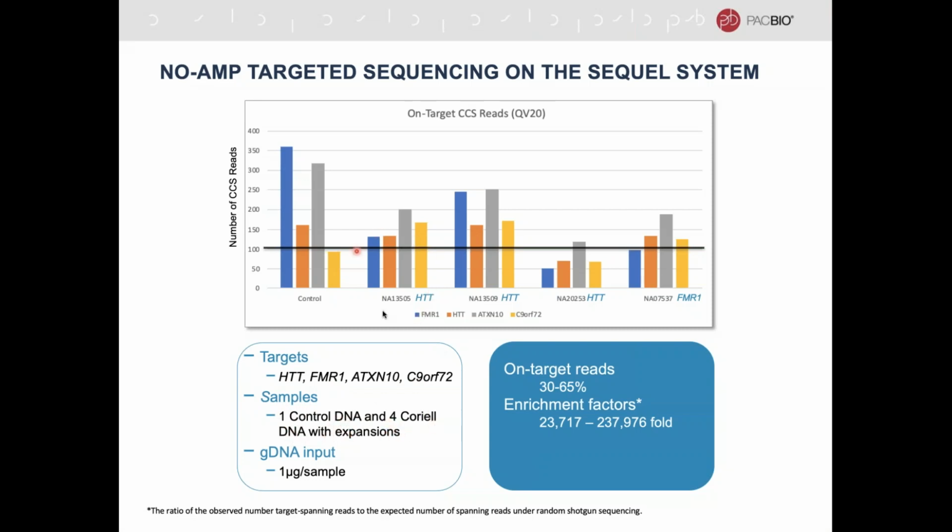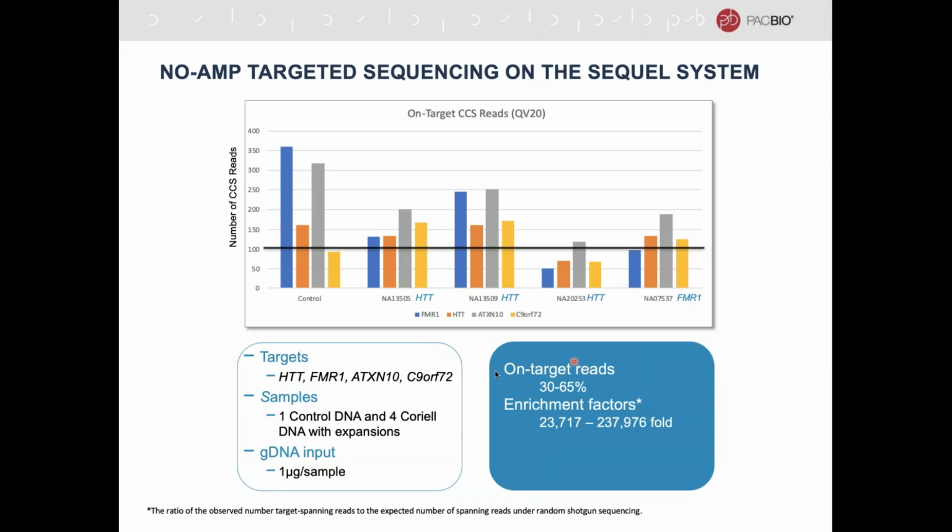So you had 3 samples with HTT expansions, all of different size range, and then we had 1 with an FMR1 expansion that was quite large. We used input genomic DNA of 1 microgram per sample, so 5 micrograms total for the entire run.